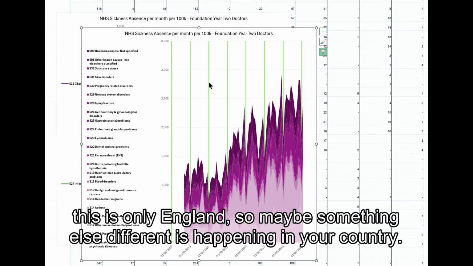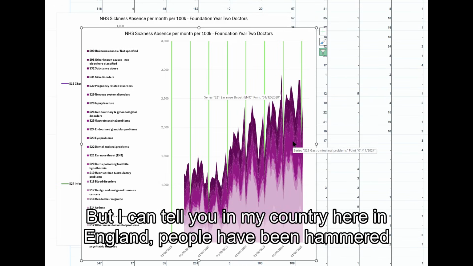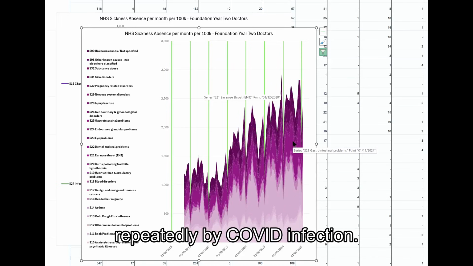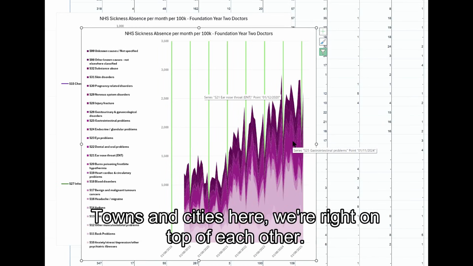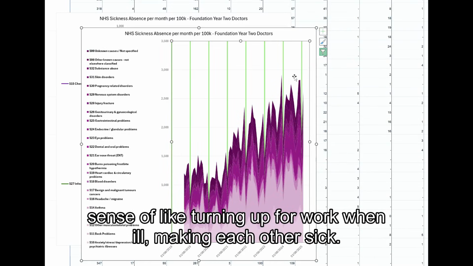Now, this is only England, so maybe something else different is happening in your country. But I can tell you, in my country here in England, people have been hammered repeatedly by COVID infection. Towns and cities here, we're right on top of each other. We've got really poor air quality in our country, and we've got just a really mad sense of turning up for work when ill, making each other sick.